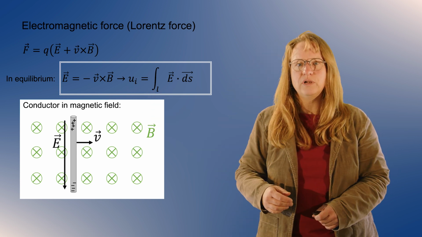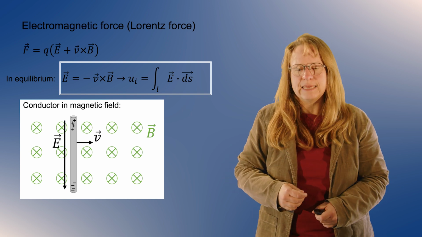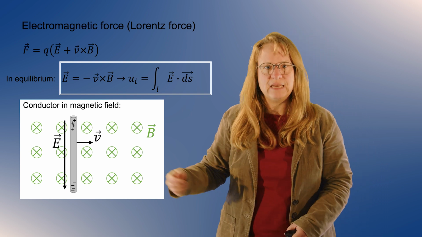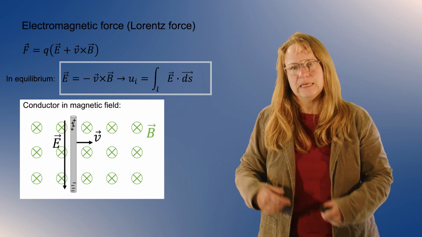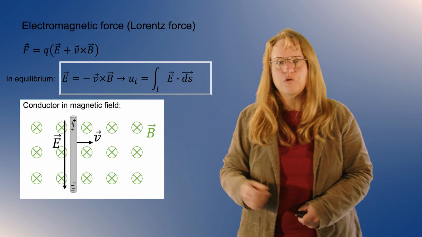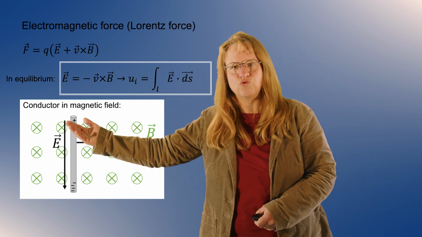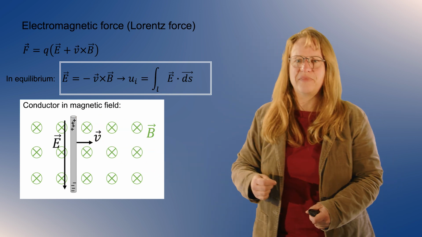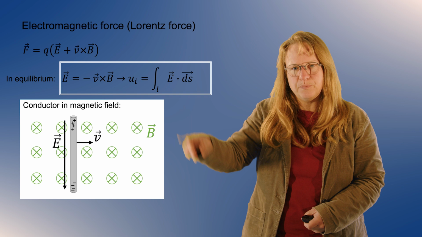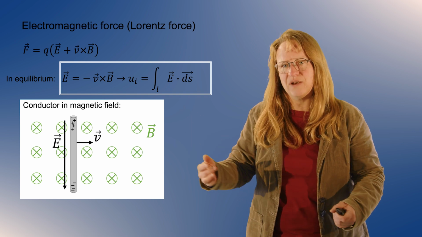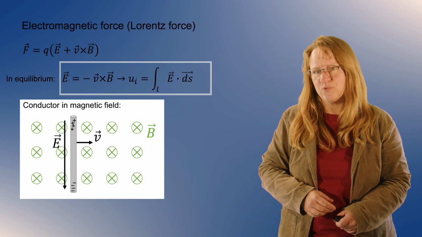And therefore, also the Lorentz force can be used to explain that if we have this moving conductor, we will get an induced voltage. Now, of course, conductor wires rolling in a magnetic field is not that practical. But if you think of wire loops spinning in a magnetic field, then we are again back at the generator principle.